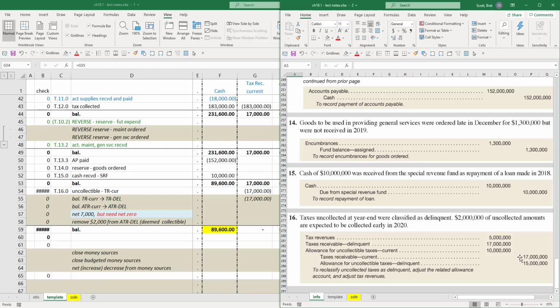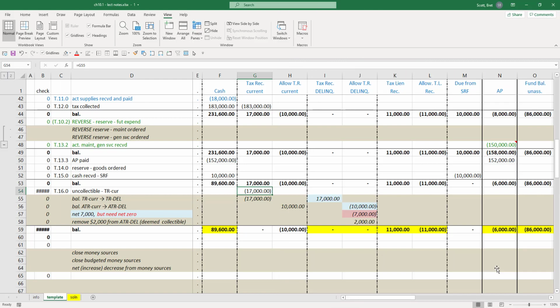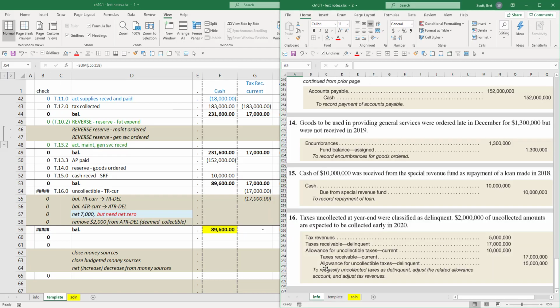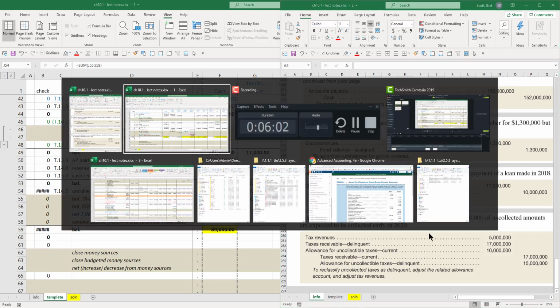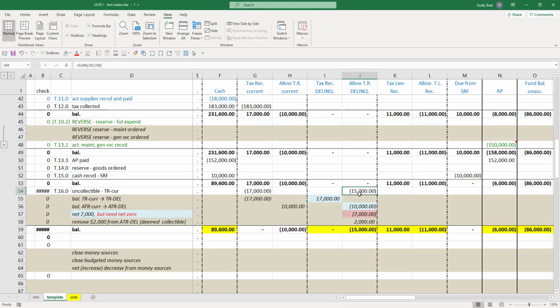Tax receivable current, credit 17 million. We're also going to credit the allowance account for 15 million. There it is, allowance for uncollectible taxes, delinquent, 15 million. So those are those 2 credits of the journal entry.